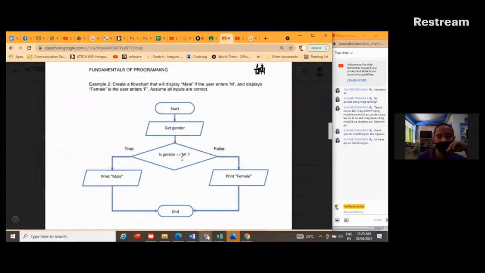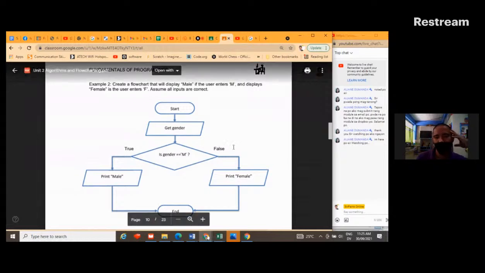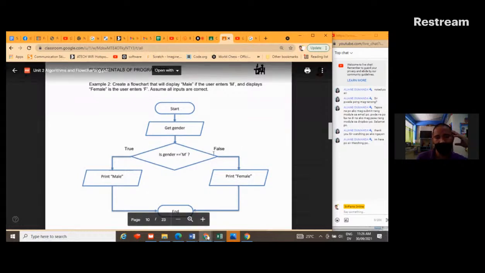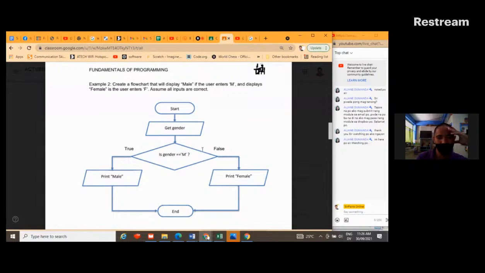So here we have the gender decision. Usually we use the true on the right part, no? But in this example, we use the true here on the left part. So in your solution, if you don't write the wordings true and false, it is assumed that the right part is true.